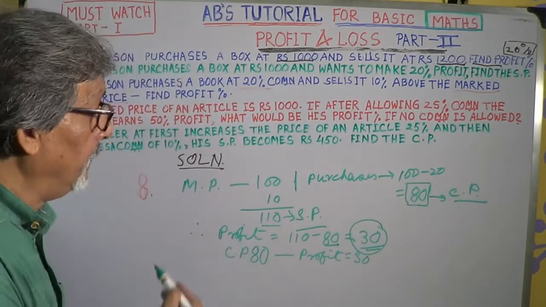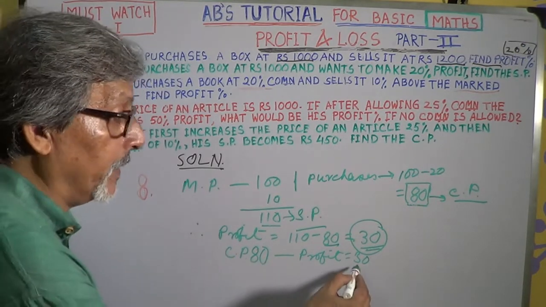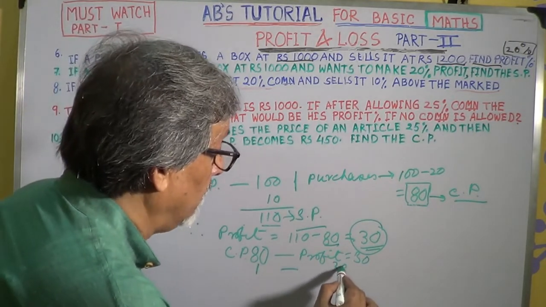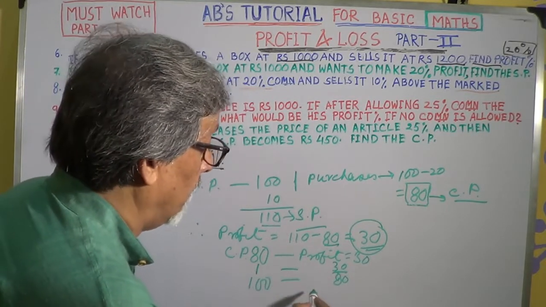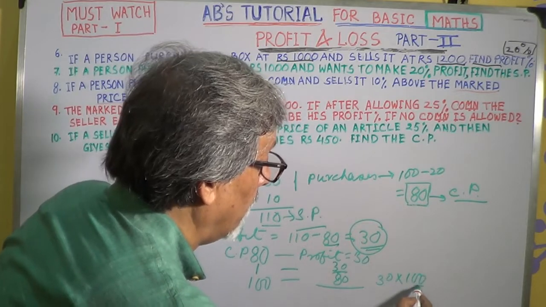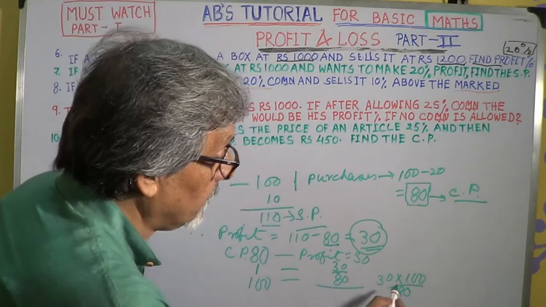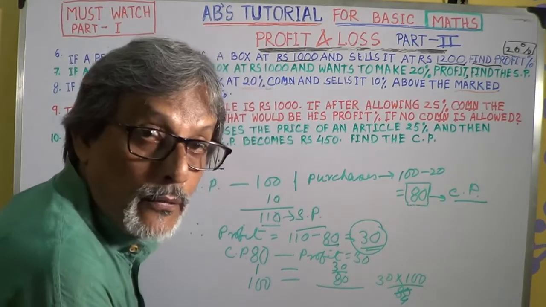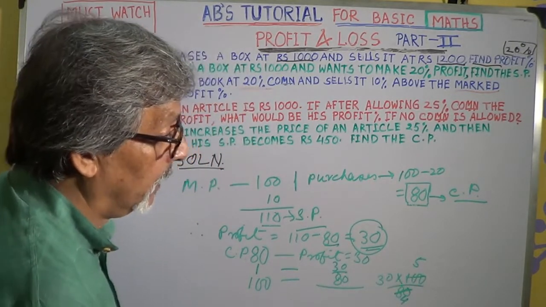So when cost price is rupees 80, profit becomes rupees 30. When it is 1, this becomes 30 by 80, and when 100, it becomes 30 into 100 by 80. The 25s are clear.